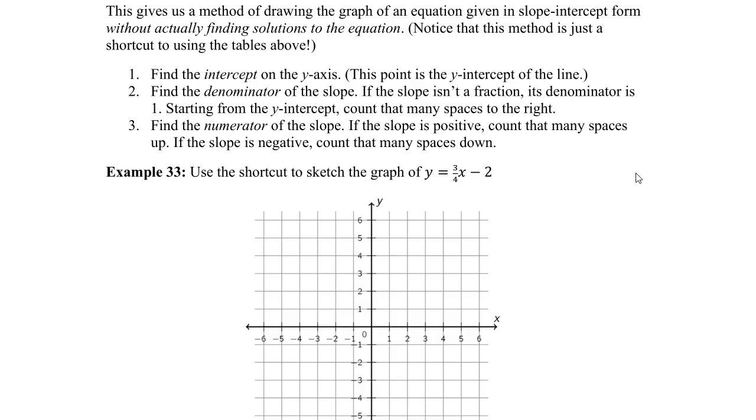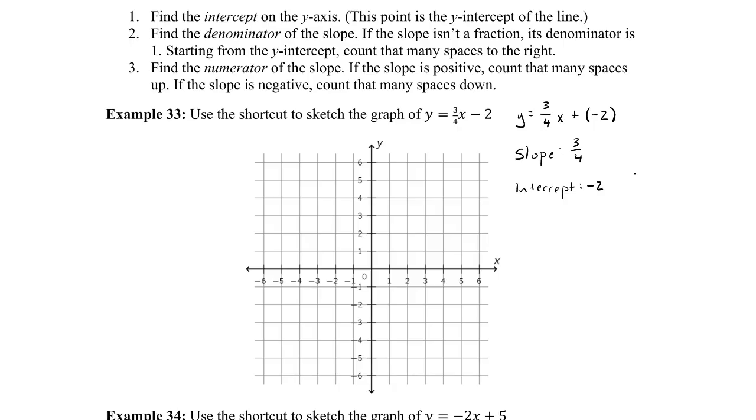So to use the shortcut to graph y equals 3/4 x minus 2, this is y equals 3/4 x plus negative 2. So the slope is 3/4. The intercept is negative 2.